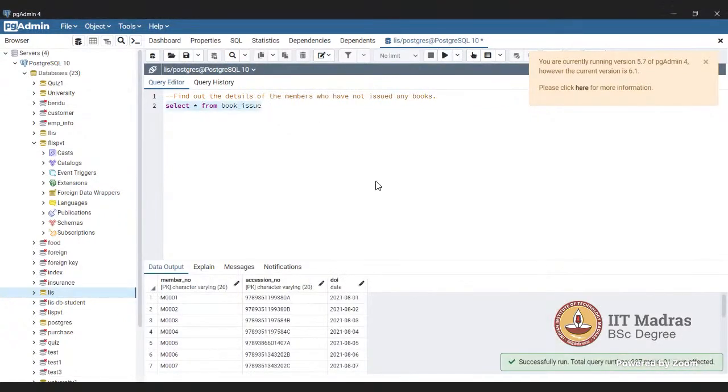In this table, you will get member number, then accessor number, the book issue details, member numbers M001, M002, then accessor number and the date of issue. Then let's see another table, select star from members.